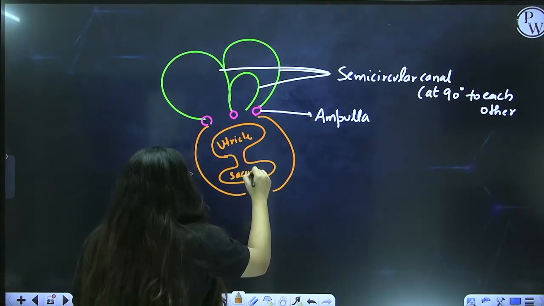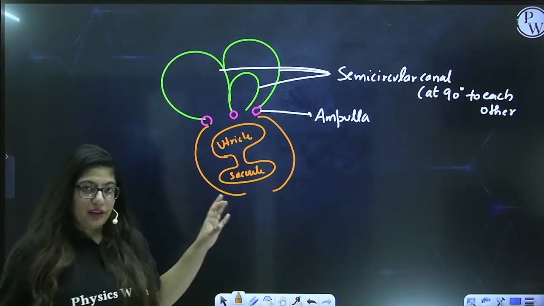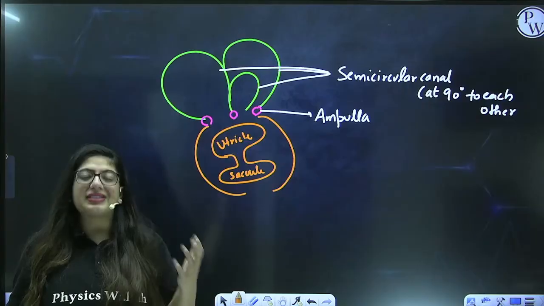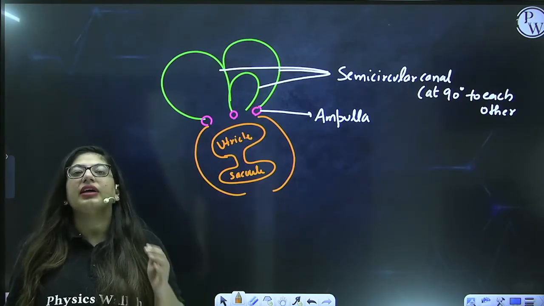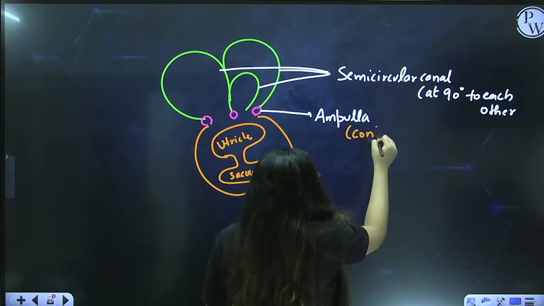So the ampulla, utricle and saccule contain the sensory hair cells that help in balance. The ampulla contains the structure known as cristae.